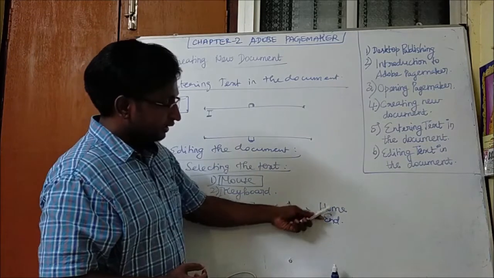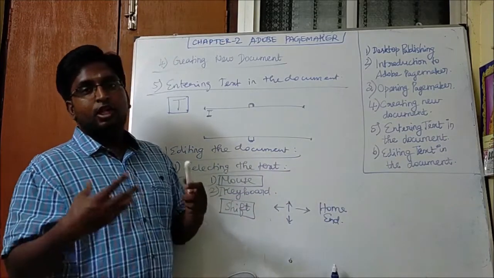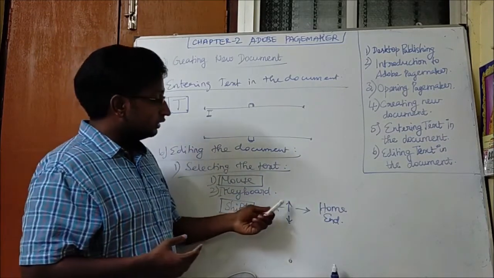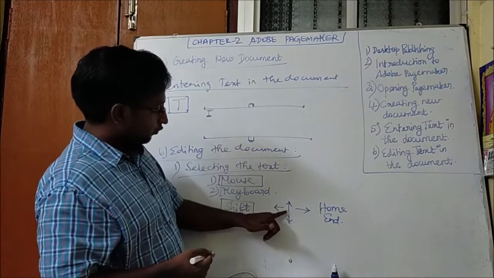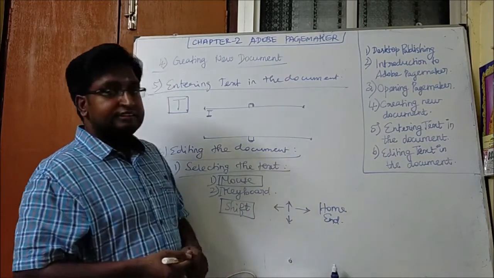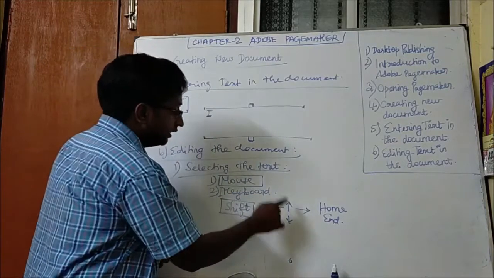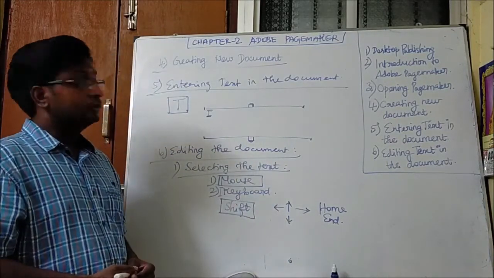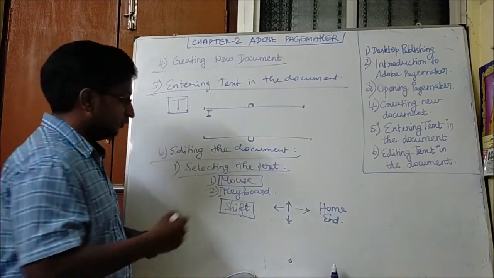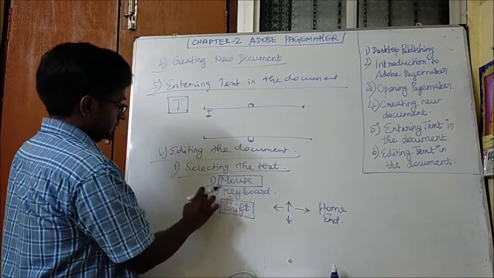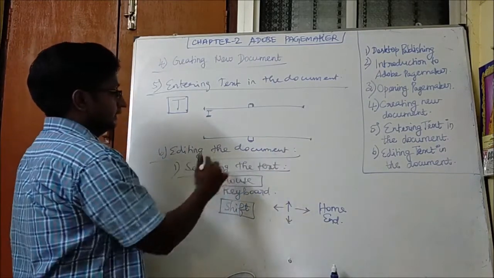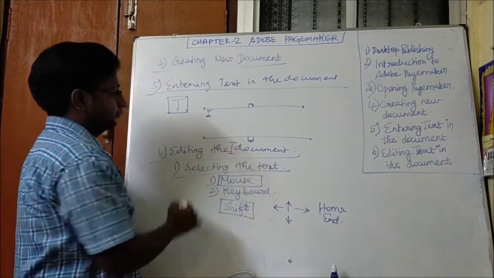These two may cause some confusion. So what is the difference? For example, if you want to select up one line, you have to use the up arrow key. Say I have this sentence and my cursor is here.